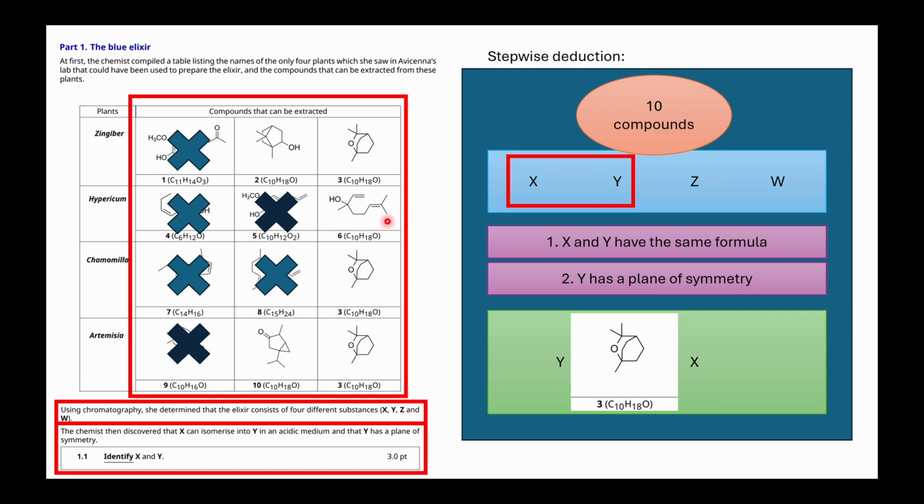And then you realize that we have some things that we can spot in both 6 and 3. You see these two methyl groups here, they are the methyl groups here, and the oxygen here is next to this methyl group, and here it is next to this methyl group. So at this point, we can be pretty sure that compound 6 can isomerize into compound 3.